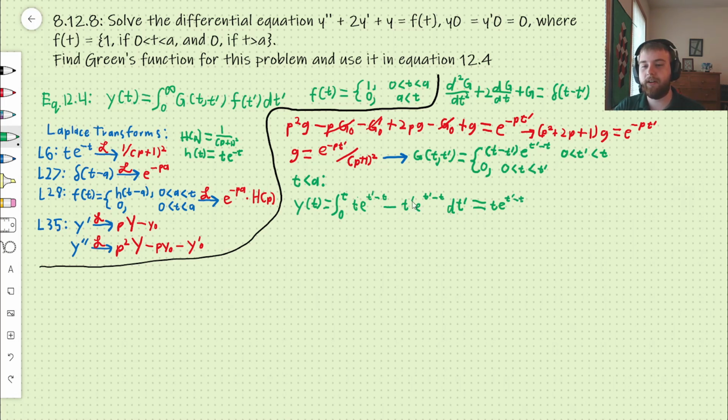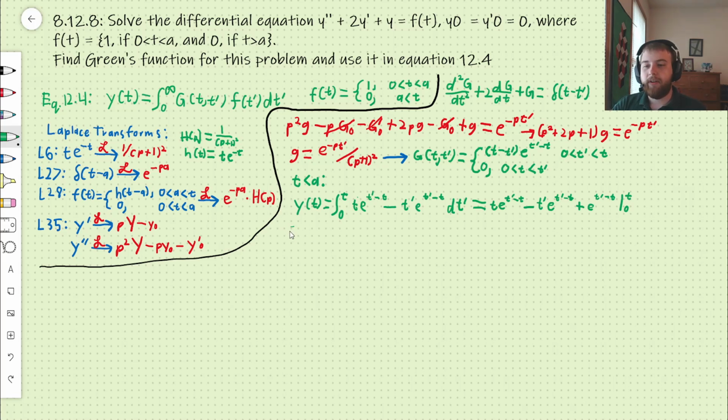The integral of x e to the x is x e to the x minus e to the x. Since this is minus already, it turns into a plus, so: minus t prime e to the t prime minus t plus e to the t prime minus t, all from 0 to t.